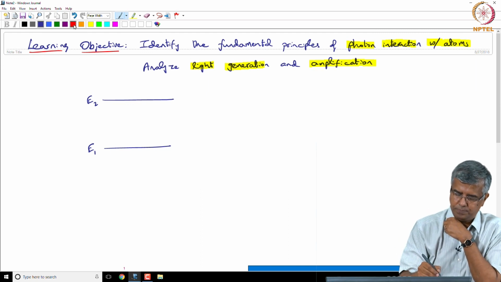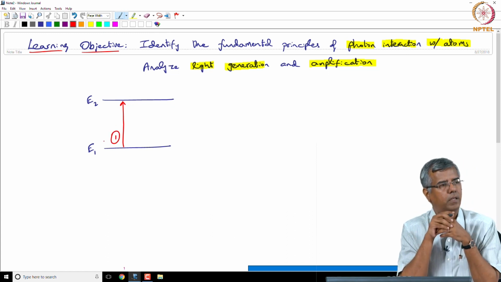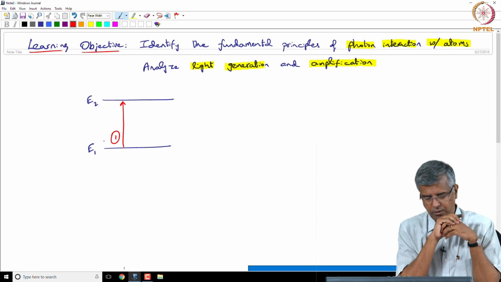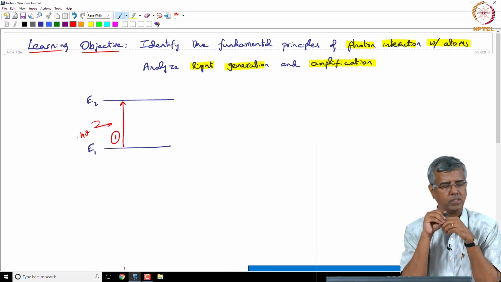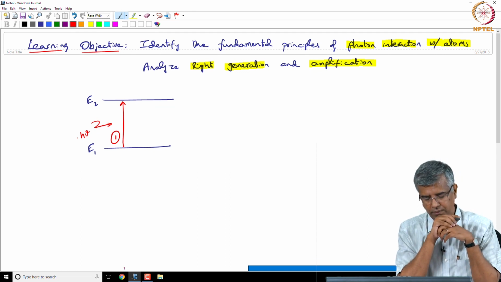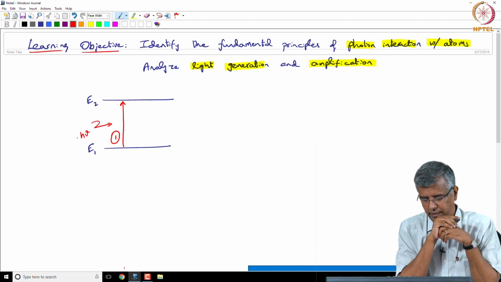So, we already said one process that is possible is light absorption, through which if you come in with h nu such that h nu corresponds to the energy difference between these two levels, that is h nu is equal to E2 minus E1, then you have an absorption process happening, right.